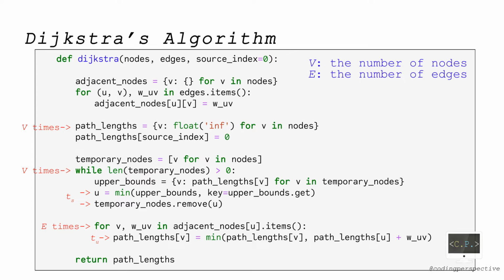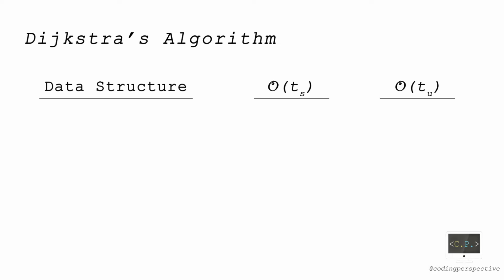So the time complexity of Dijkstra's algorithm is order of v plus v times ts plus e times tu. We can write it in this way so that it's equal to order of v times ts plus e times tu.